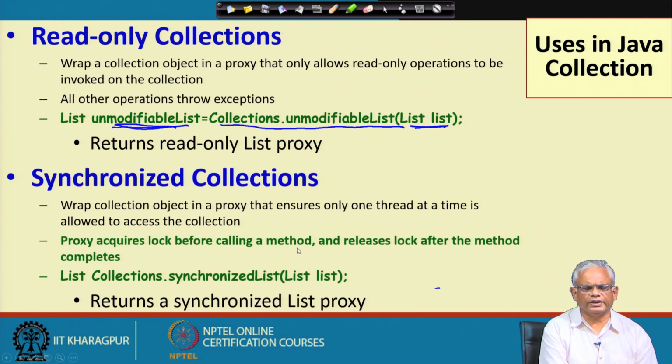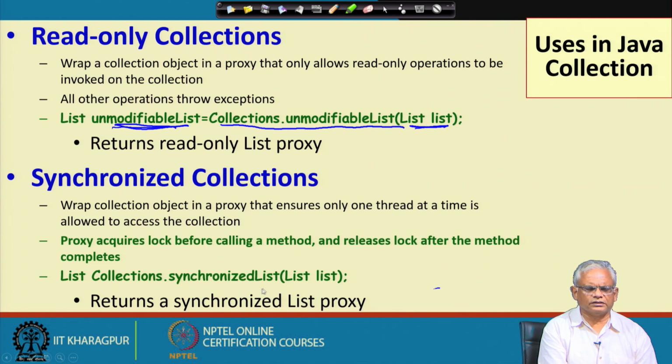The client objects wait, and only when the lock is available, it calls the method, and after the method returns, it releases the lock. Therefore, at any time, only one of the clients can make a call to the server object, and that discipline is enforced in the synchronized collection.